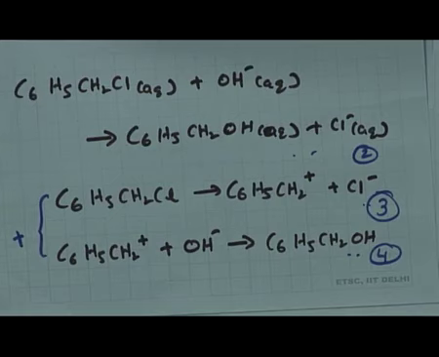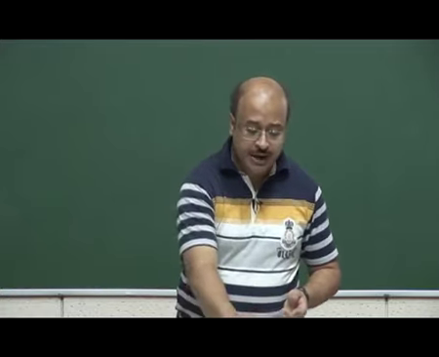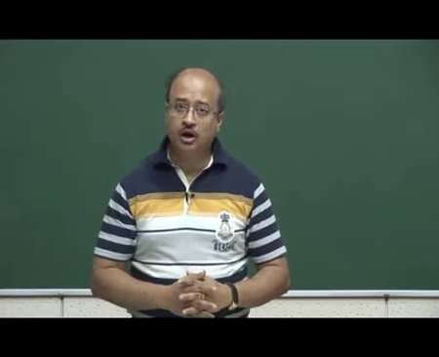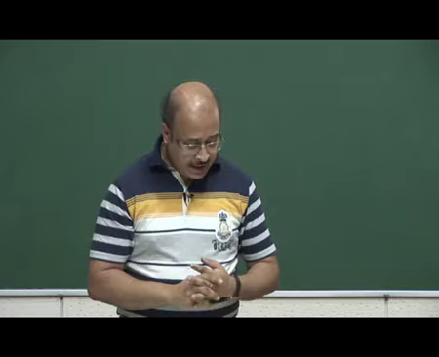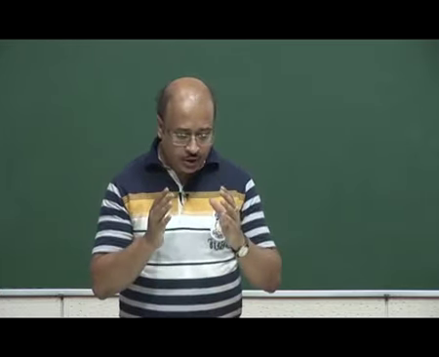The only exception is chain reactions. Chain reactions are much more complicated, as I told you. We are not going to cover that. In chain reactions you do not expect this to happen, because they are too complicated.